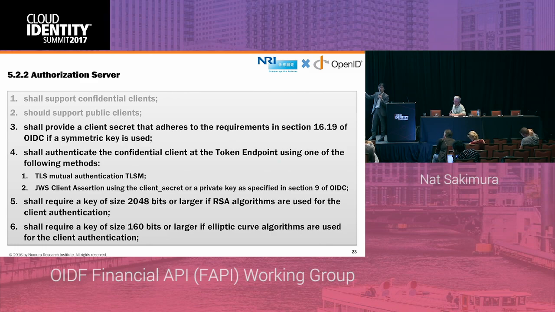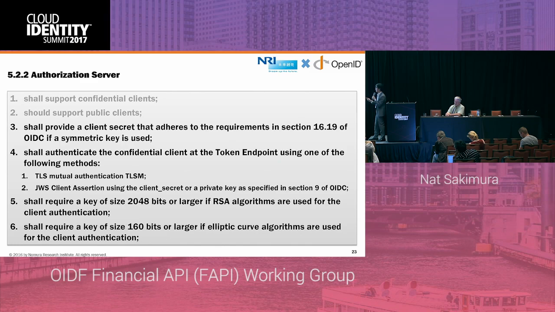So we just decided to use what's written in OIDC. Similarly, for number 4, shall authenticate the confidential client at the token endpoint using one of the following methods: TLS mutual authentication, or JWT client assertion using a client secret or private key as specified in section 9 of OIDC.